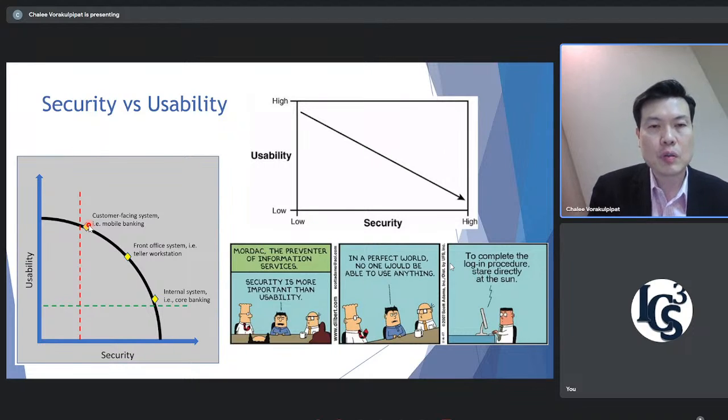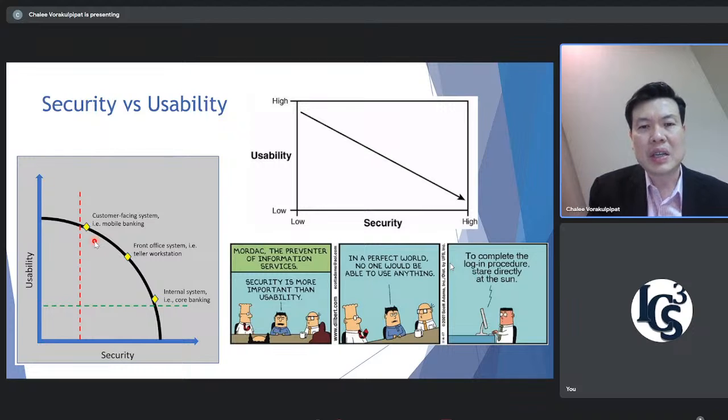So if you have too much security, people are not happy. That's why security must be lower and usability must be high, because people use it every day, with many millions of users, right? I can give you one more example. Email. The data in email is important and very sensitive, right?